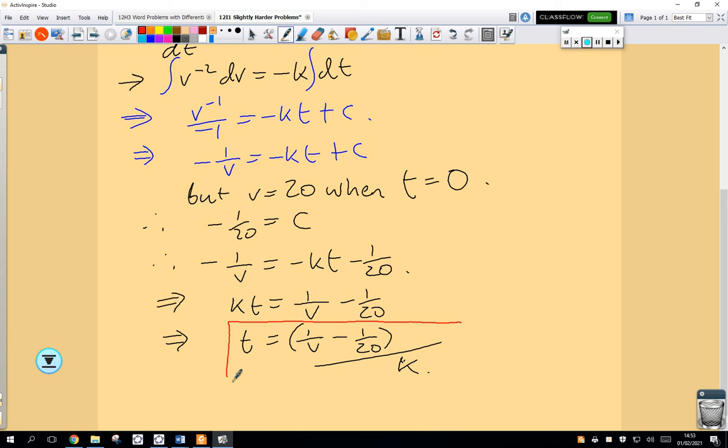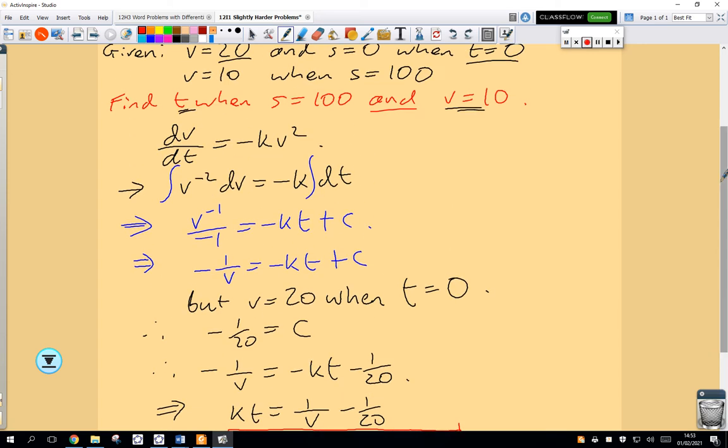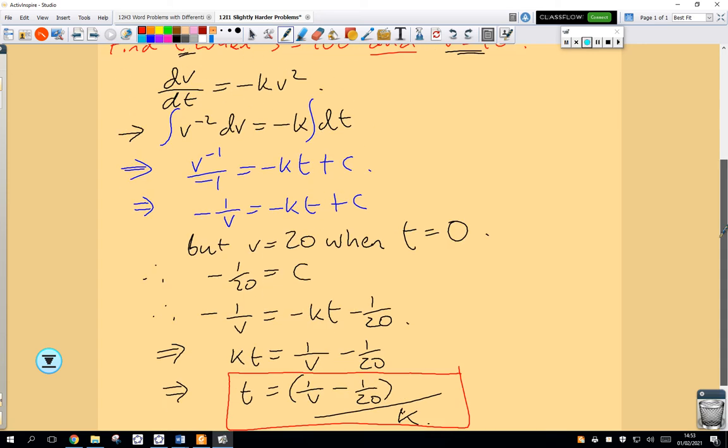So that's important. I have an expression for t, but my expression depends on k. I'm trying to find t. Remember what we're trying to find? I'm trying to find t when v is equal to 10, actually.